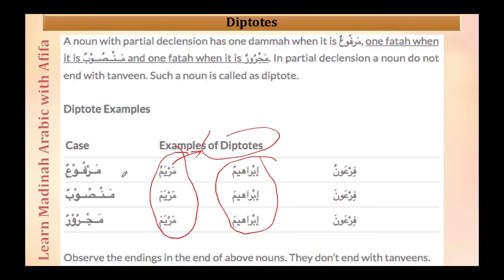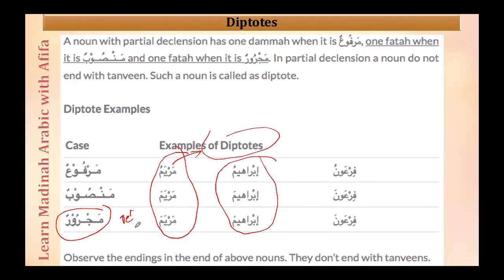If you said Muhammadun, that is correct, right? How would you do the mansub case? You don't do the tanween. In a normal case, it would be Muhammadan. Here it would be no tanween. It will have a fatha. Fir'auna, Ibrahima, Maryama, right? That's the mansub case. And here we see they're stubborn. Majroor, they are refusing the kasra, right?